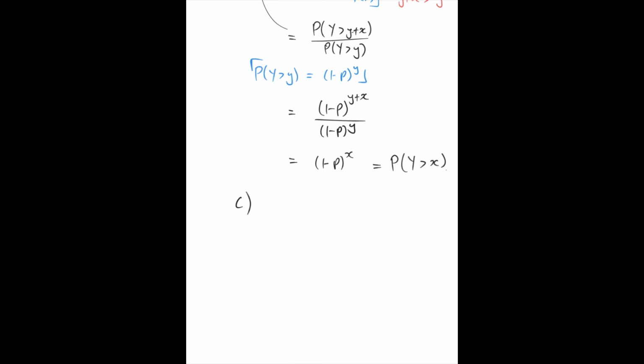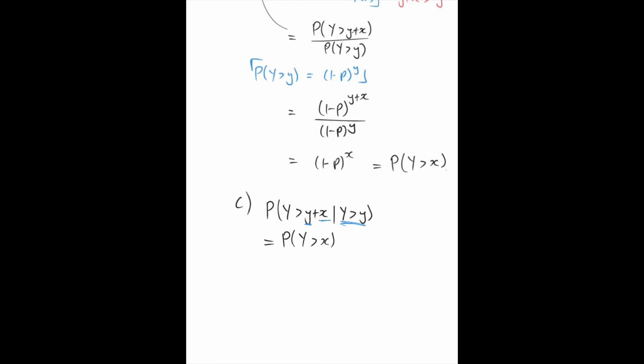So what we end up with is that the probability that it takes more than y + x, given it has already taken more than y, is simply equal to the probability that it will take more than x. Because this given statement is saying nothing's happened up to y. So now if we wait y + x, what that means is up to y, nothing's happened. Now we have to wait at least x amount of time to see something happen.